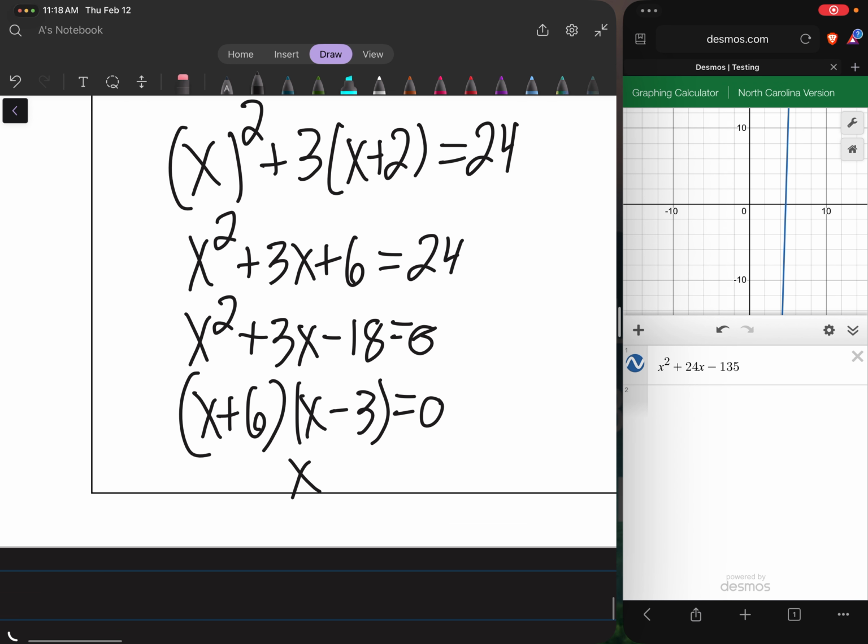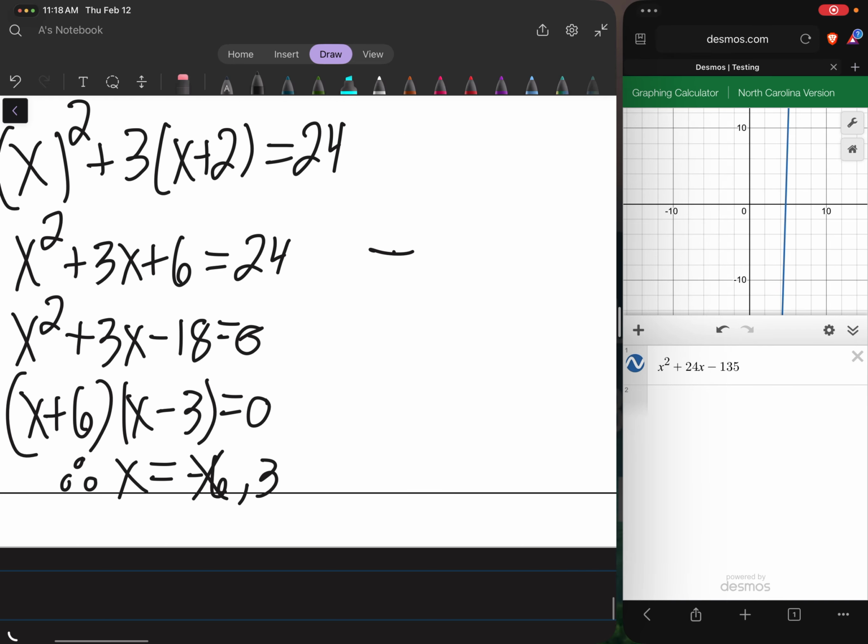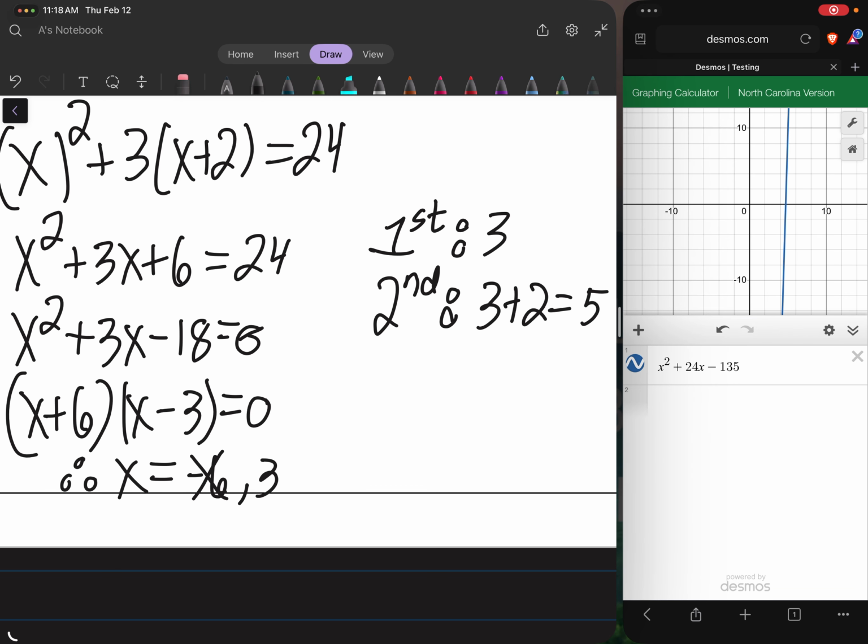Therefore, x is equal to negative 6 and positive 3. I don't care about the negative, so I'm looking at 3. My first integer is 3. My second integer is 3 plus 2, 5. Finished.